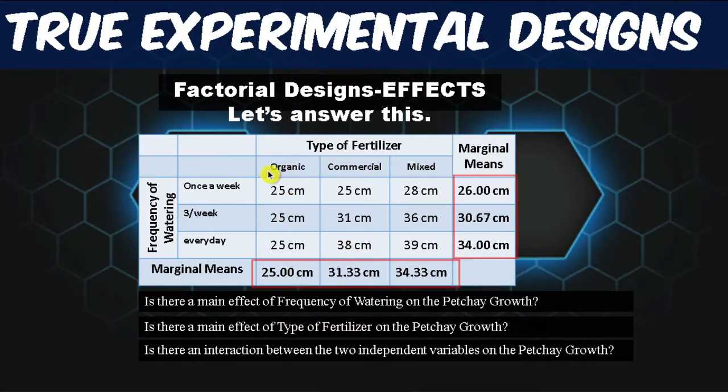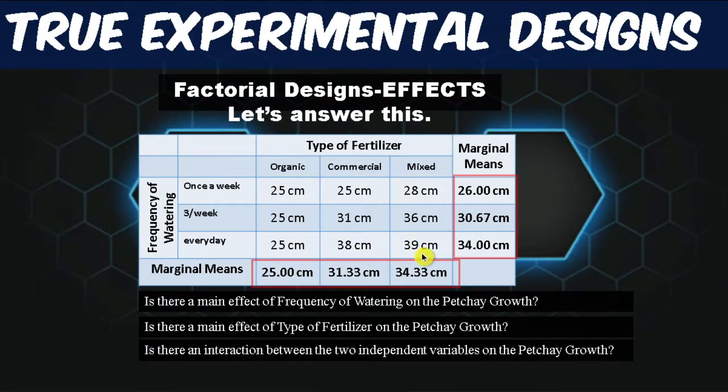However, if you are using organic fertilizer, regardless of how you water it or the amount of water you put to it, then it seems that there's no differences at all. If you use mixed fertilizers, a mixture of organic and commercial fertilizer, we can still see differences here. The yield or the growth is highest or best under this group.